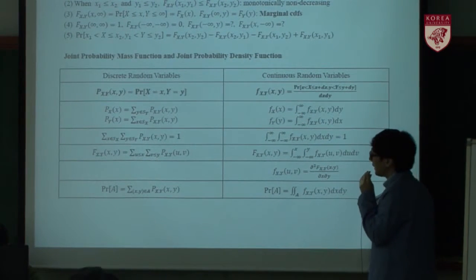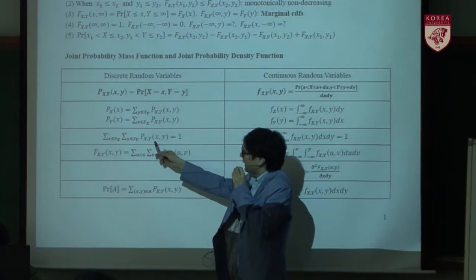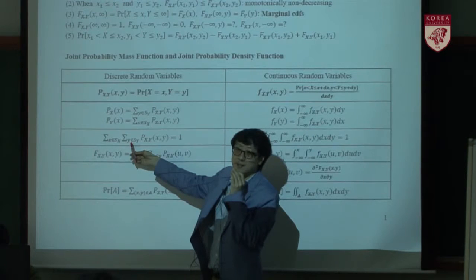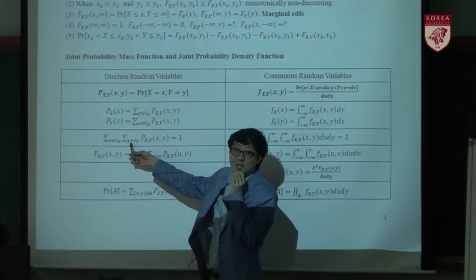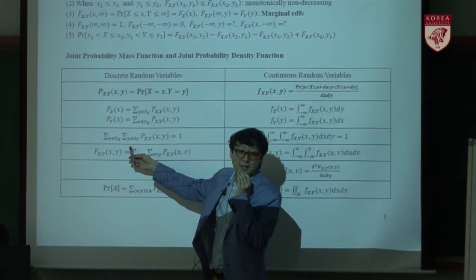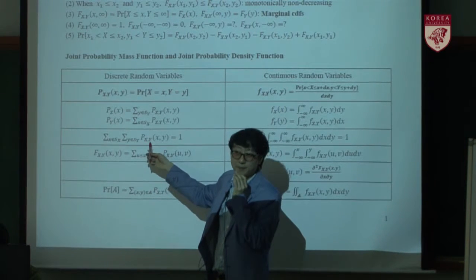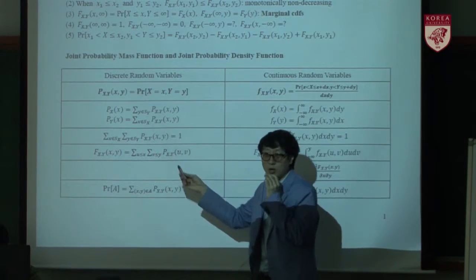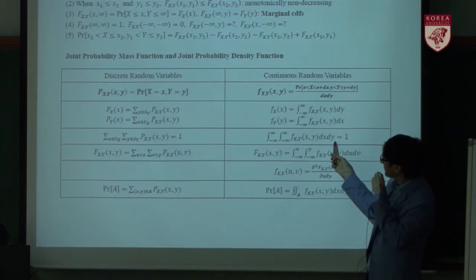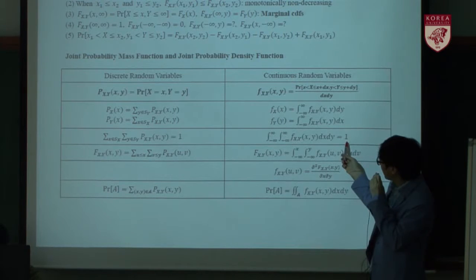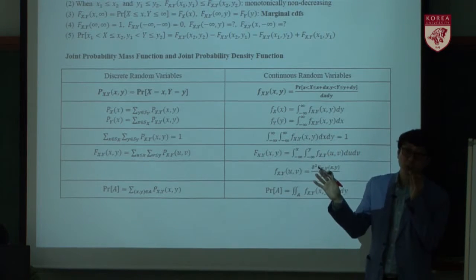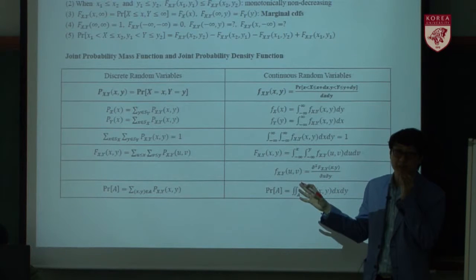Alright. Then also, if we sum over the whole range of x and the whole range of y, that means we add up the probability of all possibilities. Then it should be 1. Similarly, if we sum the density over the whole range, it also should be 1.